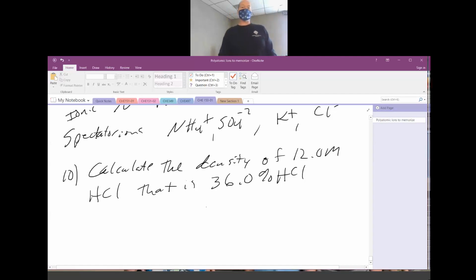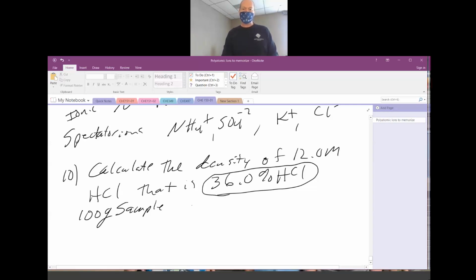All right. So anytime you have a percent, you can assume a 100-gram sample. But this is HCl, hydrochloric acid, 12 molar. Concentrated hydrochloric acid is 36% hydrochloric acid. So if you assume a 100-gram sample, that means that you have 36.0 grams of HCl, and all acids are aqueous, moles per liter of solution.